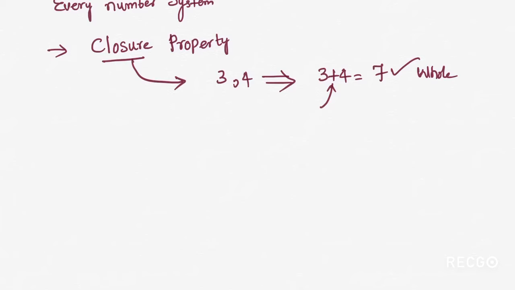If we add two natural numbers we get one natural number. If you add two integers we get one integer. Therefore this property is called the closure property under addition operation.